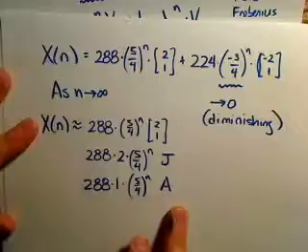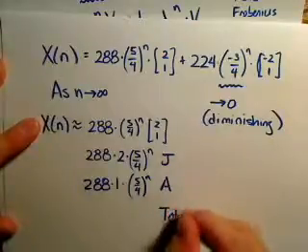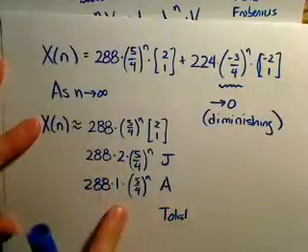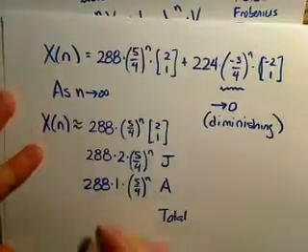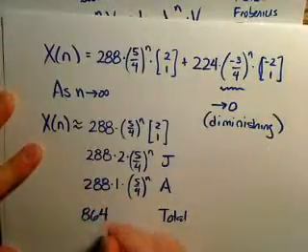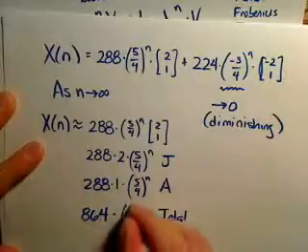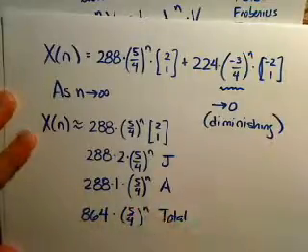Not only that, you can add these up: 288 times 3, which I've pre-computed, is 864 times 5/4 to the n total.